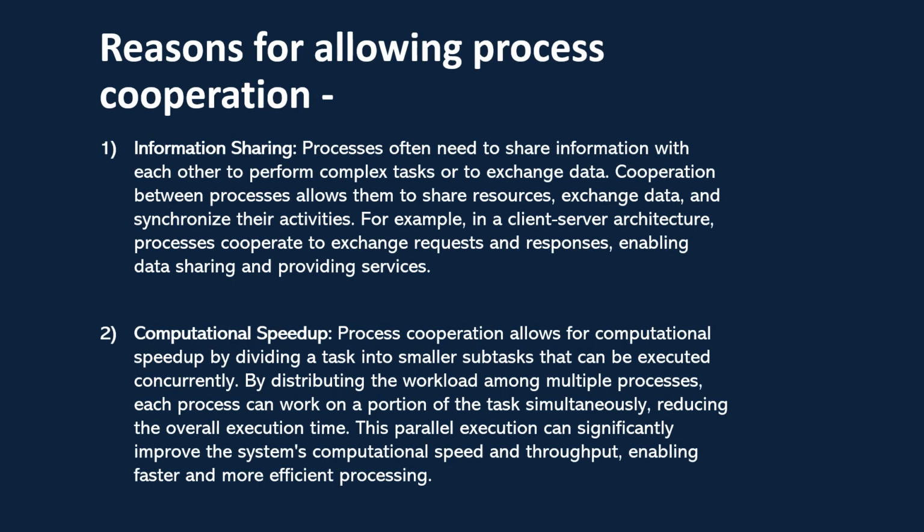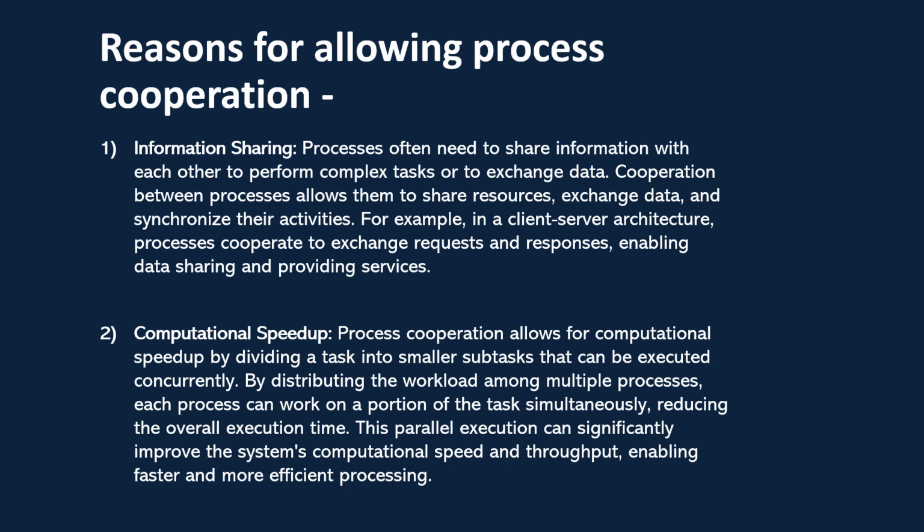There are several reasons for allowing processes to communicate or cooperate with each other, and these reasons are as follows. First reason is information sharing. As we all need to share data in our daily life, similarly the processes or programs also need to share data and information to perform complex tasks or to exchange data.